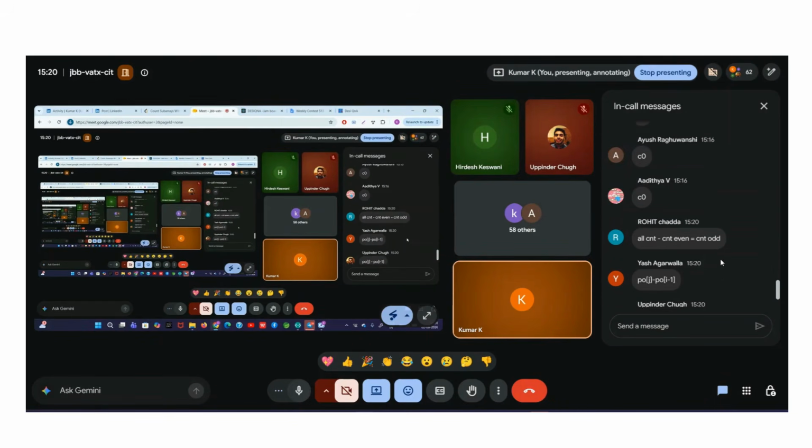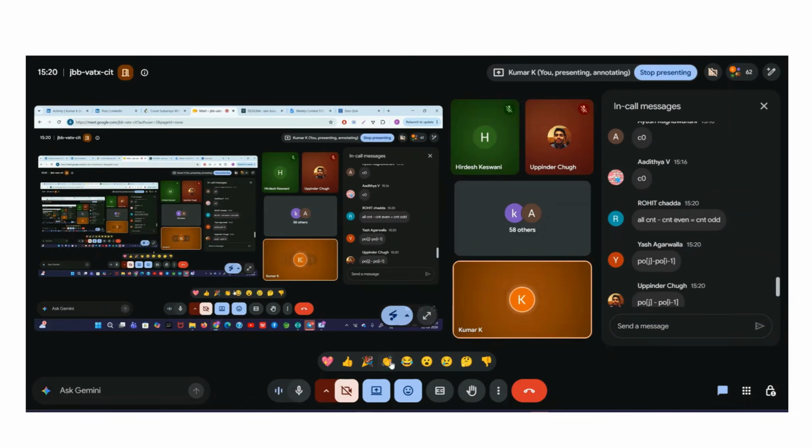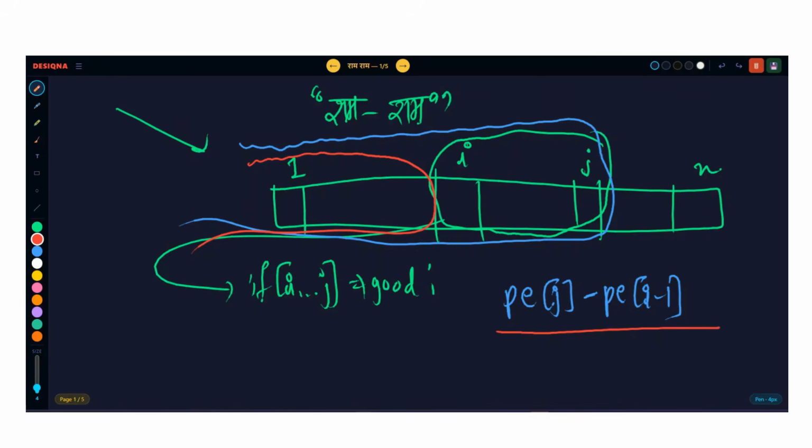Yes, yes, yeah. Congratulations emojis, guys, for Yash and Upinder. Okay. Now, POJ, you are not saying POK, you are saying POJ. POJ minus POI minus 1. This thing should be less than equal to A by B.